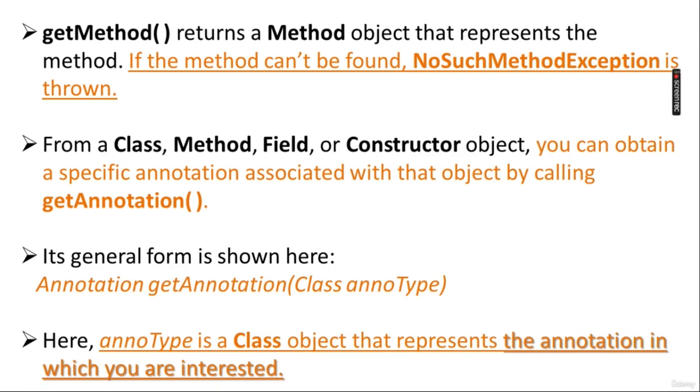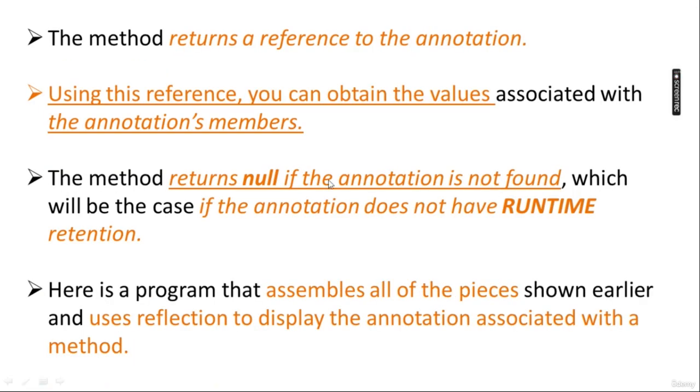The method will always return you the reference to the annotation, and using that particular reference, you can obtain the values associated with the annotation members that are initialized inside the annotation, as we have already seen. The method returns null if the annotation is not found, which will be the case if the annotation does not have the runtime retention.